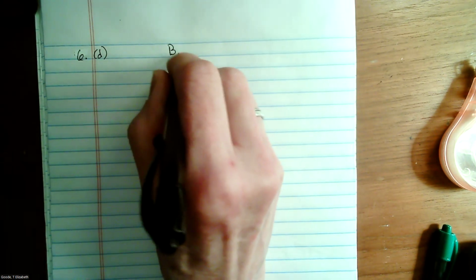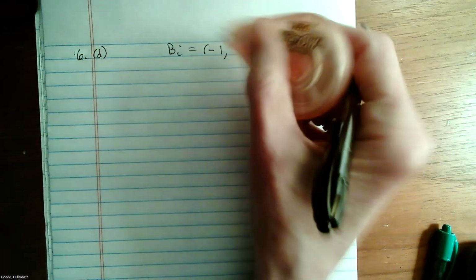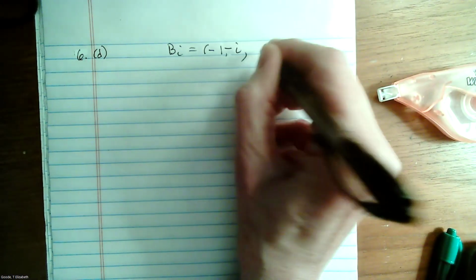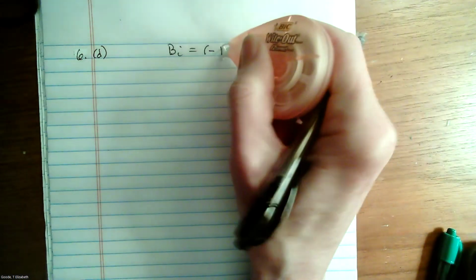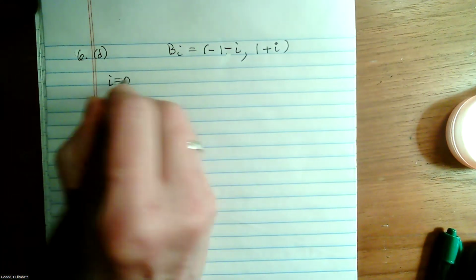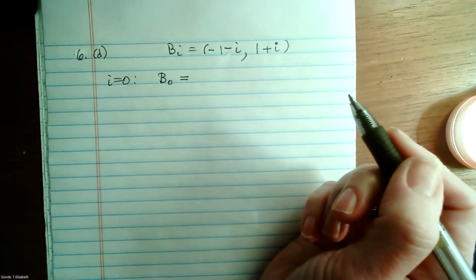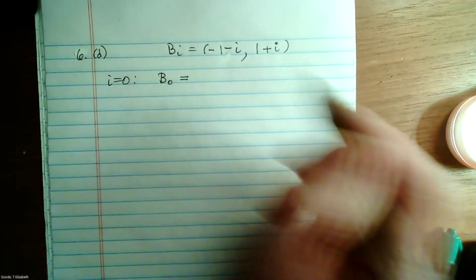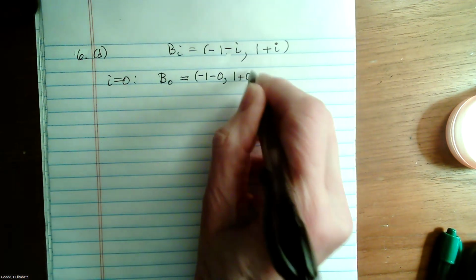So B sub i is this set, (-1 minus i, 1 plus i). Yes. Okay, so we're starting at 0, right? So when i is 0, what is B sub 0? Correct. -1 minus 0, comma, 1 plus 0, right?